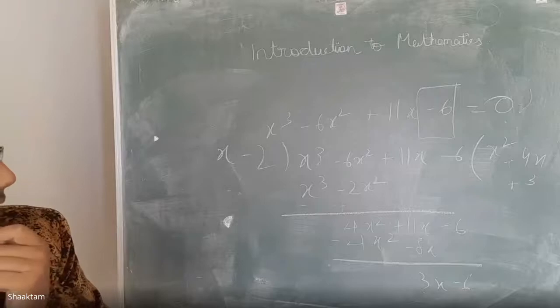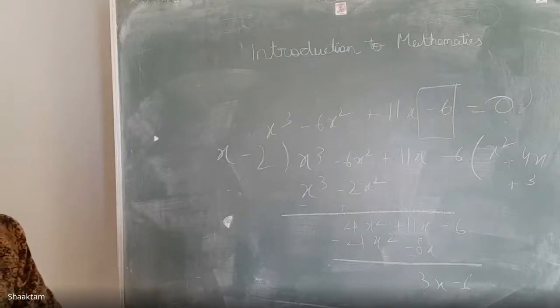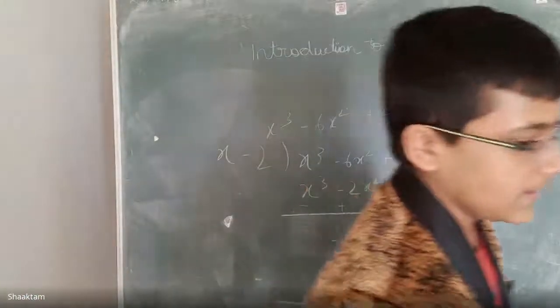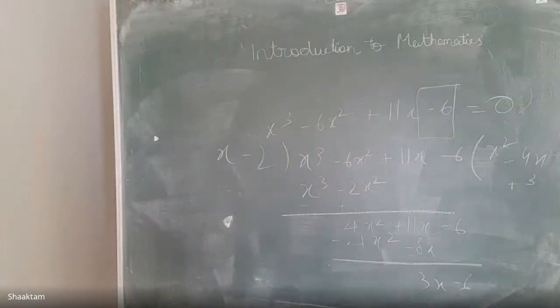Right? One second. 11x minus 8x will get me 3x. 3x minus 6, and x minus 2, you can see there will be plus 3. Right? Or is there something wrong? Shreyansh, can you see any mistake?